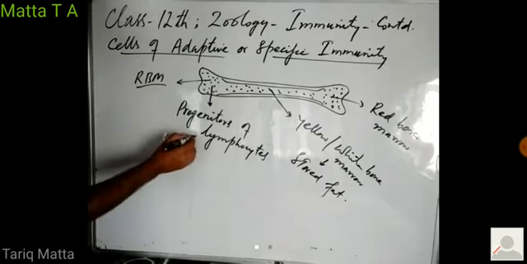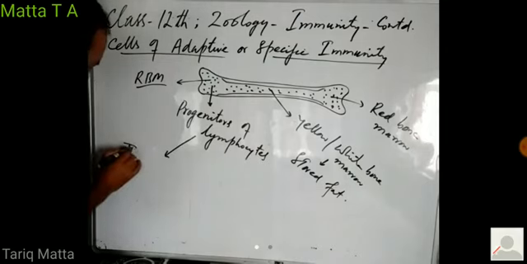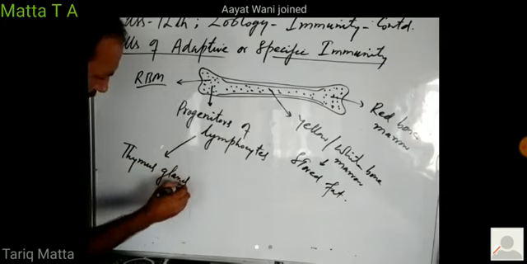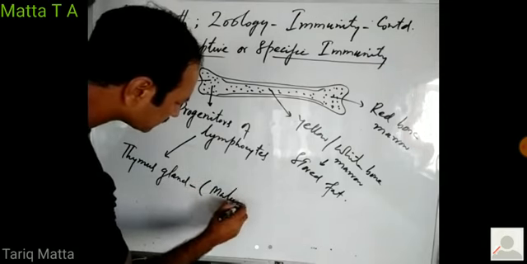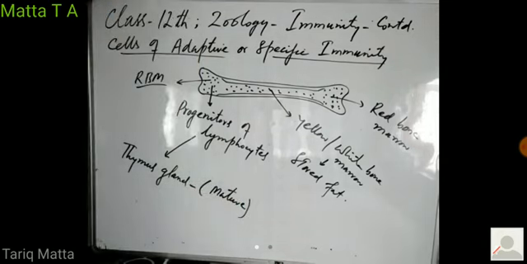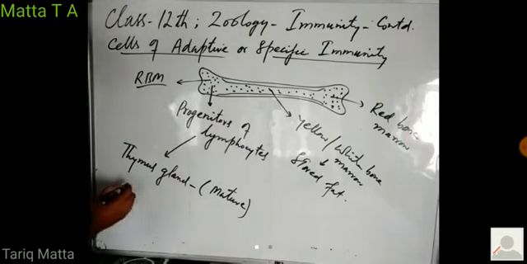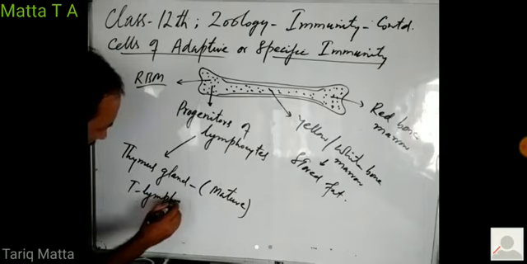Then some of these lymphocytes come out of the red bone marrow and migrate to the thymus gland, where they acquire maturity. Those lymphocytes which migrate to the thymus gland and mature there are known as T lymphocytes.